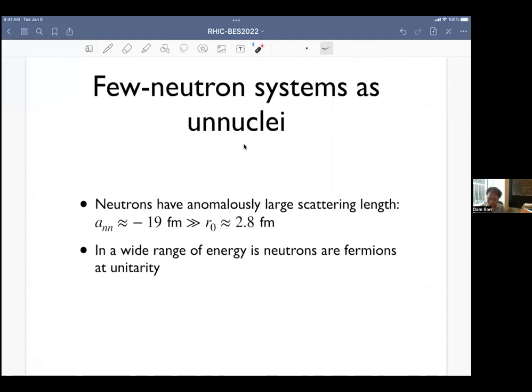We mentioned that it's about -20, or precisely -19 Fermi, which is much larger than the effective range of the interaction, which is only about 2.8 Fermi. So in a rather wide range of energy between these two length scales, the neutrons behave as fermions at unitarity.